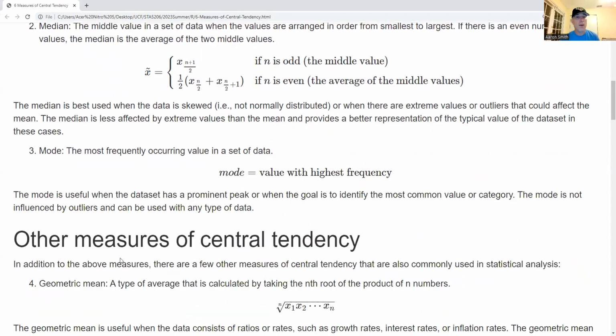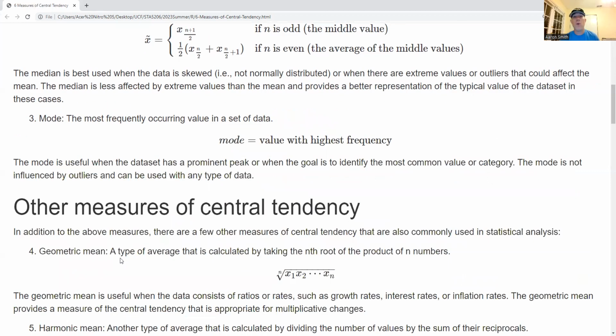Now, the mode is the most frequently occurring value in our data. The mode is useful when the data set has a prominent peak or when the goal is to identify the most common value or category. The mode is not influenced by outliers and can be used with any type of data.